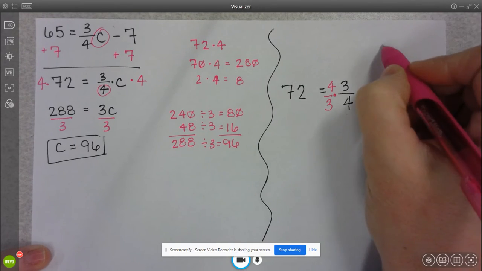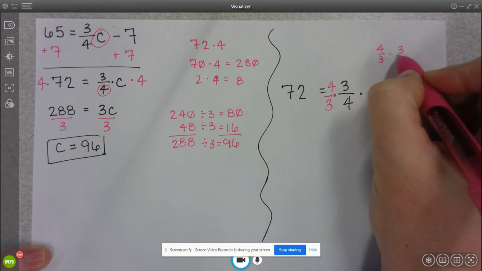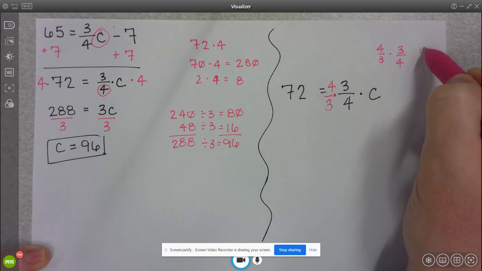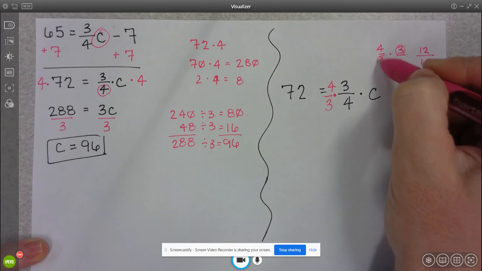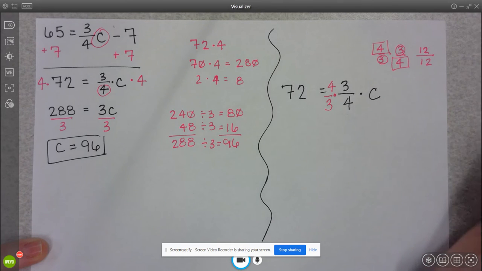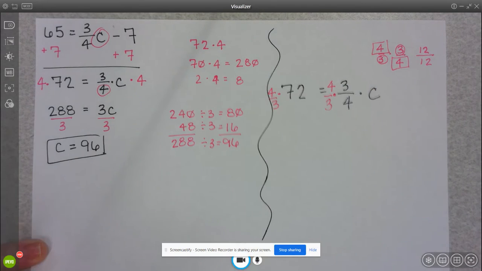Now what happens if I have 4 over 3 times 3 over 4? Well, 4 times 3 is 12, 3 times 4 is 12. That gives me 1. I have the same things in the numerator and in the denominator. It's going to become 1. So I can do that at once.